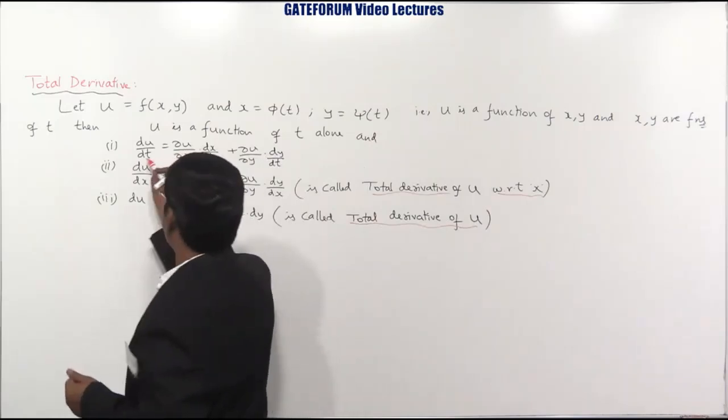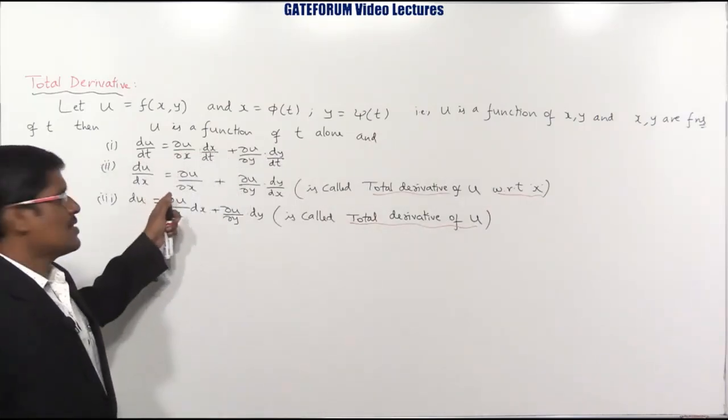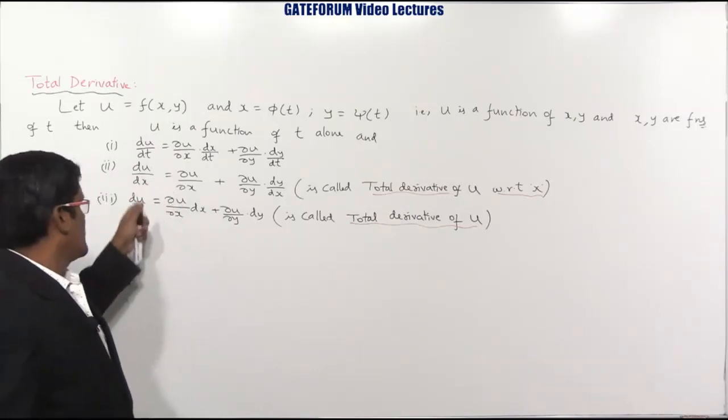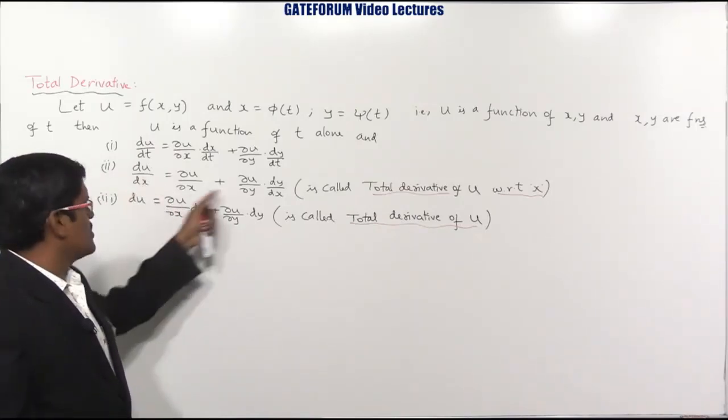This is total derivative with respect to t. So the second result is obtained by putting t is equal to x, and the third result is obtained from the second result by shifting the denominator dx into the right side.